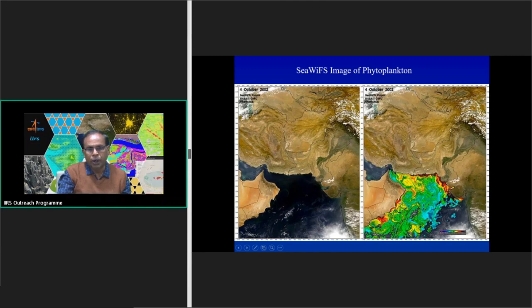The red and yellow color patches show high chlorophyll concentration, and the blue and green color patches show the low concentration.